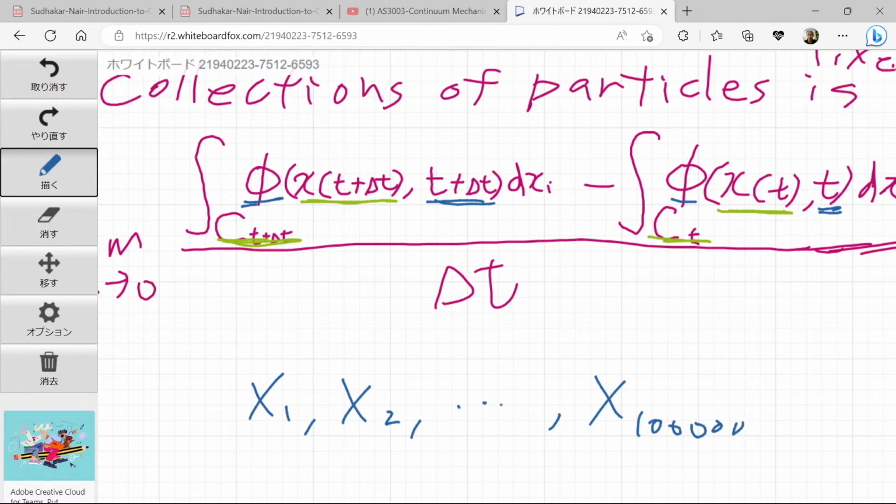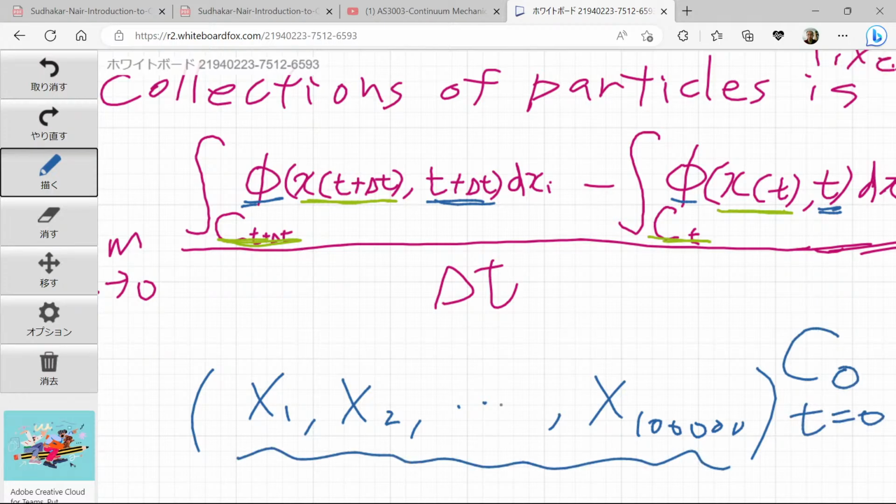In principle, we have to consider an infinite number of particles, and these particles are just the same in all equations. These particles sit on contour C0 at t equals 0. Then these particles sit on contour Ct at time t.